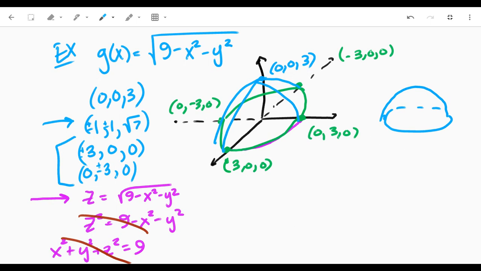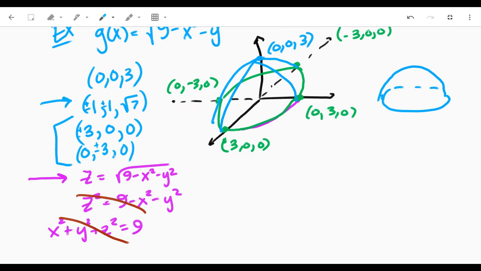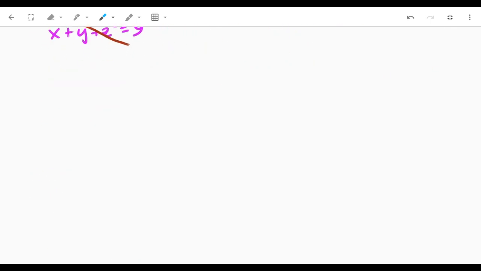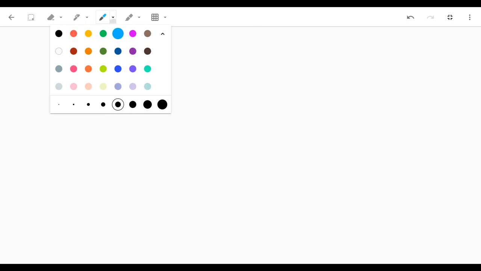Now another way that you can graph these so that it's not such a mess trying to graph in 3D is you graph what's called a level curve or level curves, which are like a contour map.